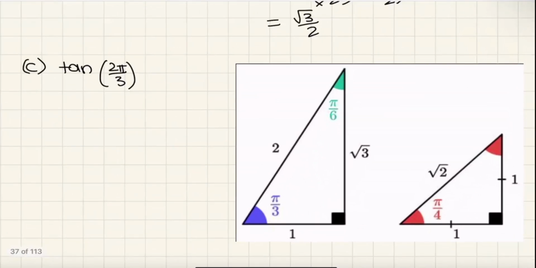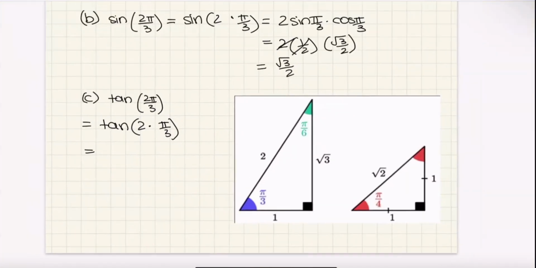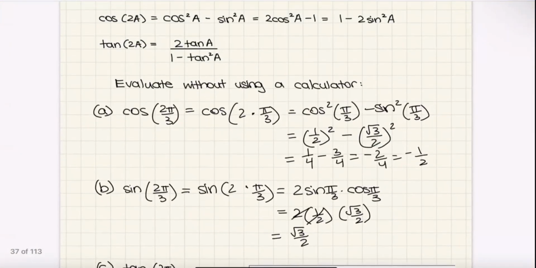And there we go. All right, our last one is tangent of 2 pi over 3. So same thing here. This is going to be equal to tangent of 2 times pi over 3. And that is going to be equal to 2 tan pi over 3 over 1 minus tan squared pi over 3.